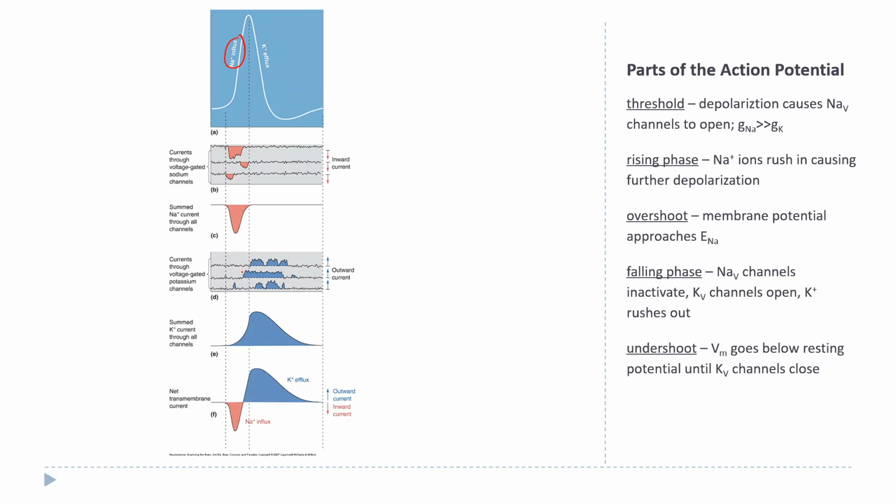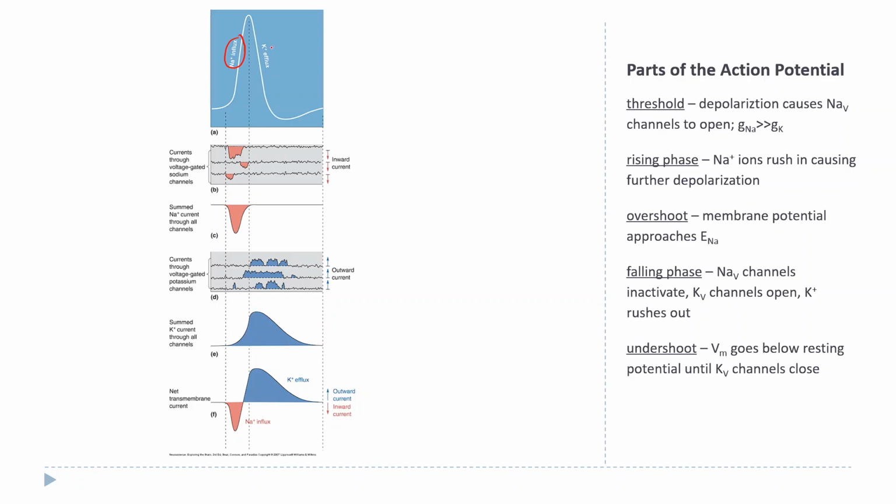And then down here, you can see current through potassium channels. So again, the potassium channels open, but their opening is delayed. So they don't really start opening until most of these sodium channels have already closed or have started to close. And that means that the potassium current doesn't really become a factor until after the sodium channels are closed.